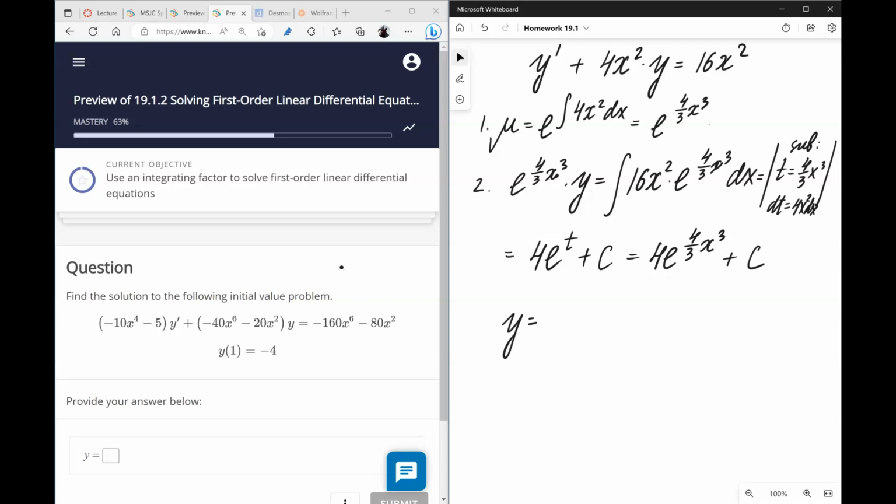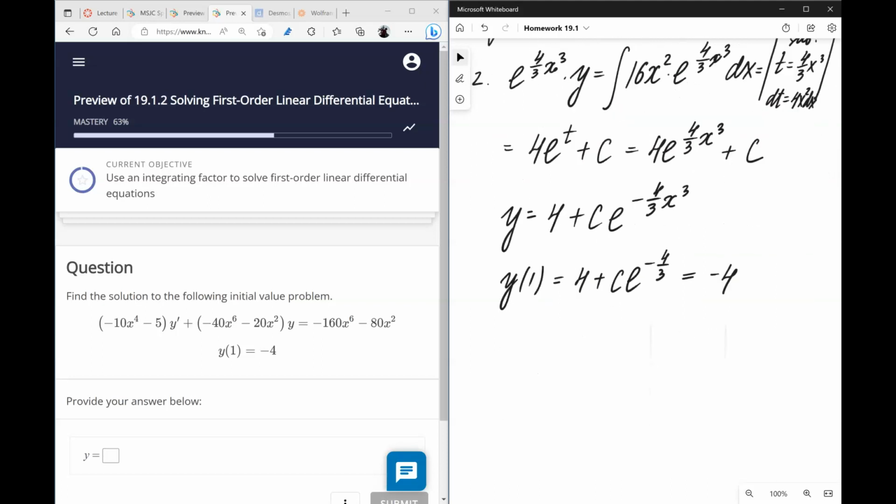Now to isolate y, we divide both sides by the integrating factor. And now we're going to use the initial condition to find c.